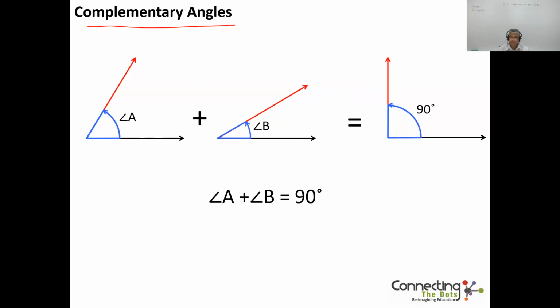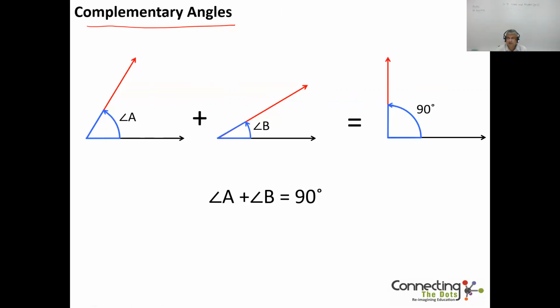Okay? Fairly simple, right? You have studied this in the past also. This is just revising that so that we will use all these terms in this chapter going forward. So that is A plus B is complementary.